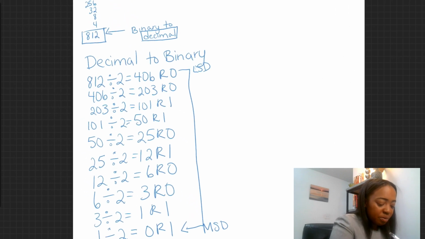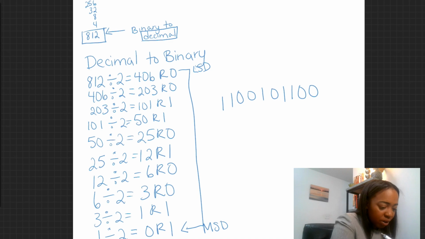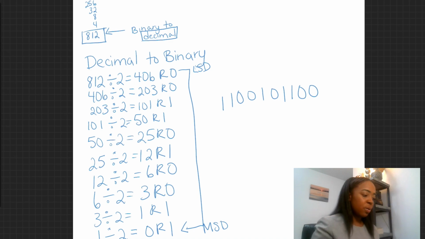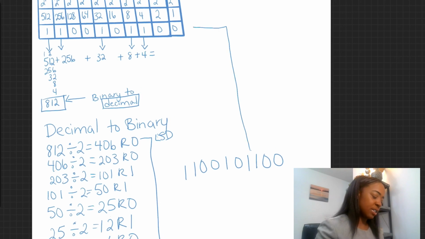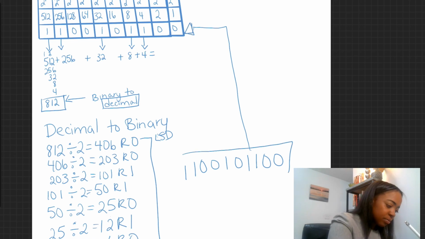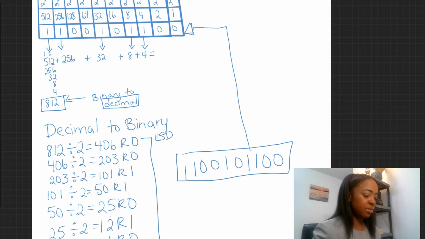So starting from the bottom, 1, 1, 0, 0, 1, 0, 1, 1, 0, 0, which is the same as our number right here.